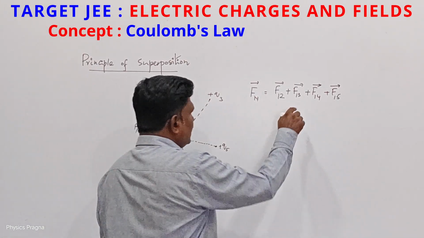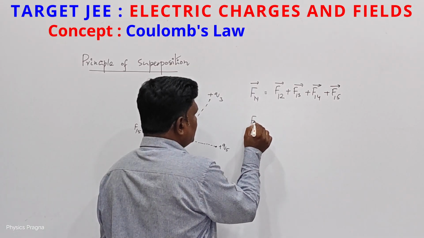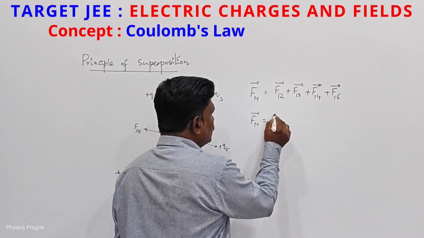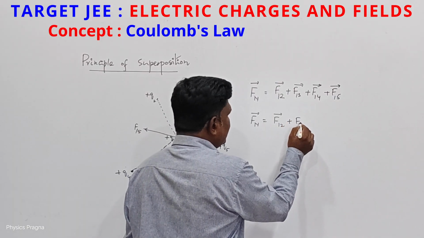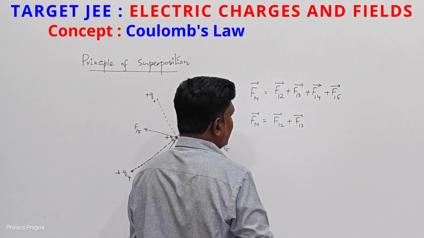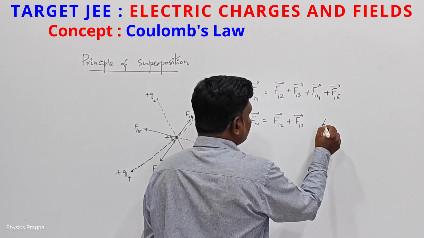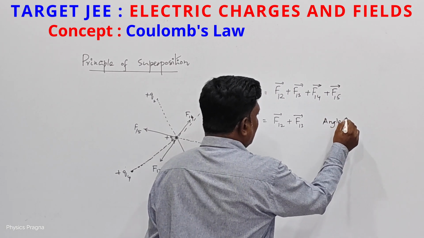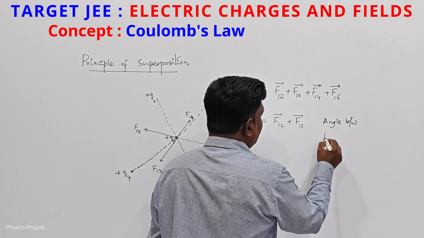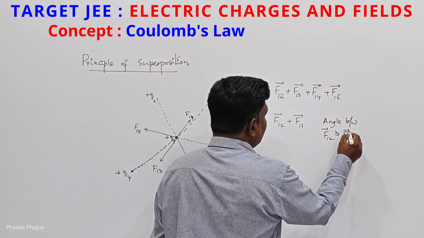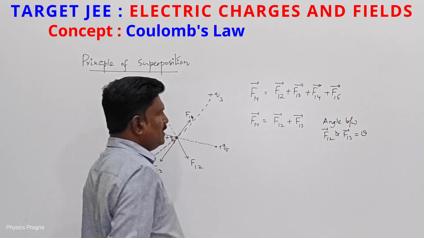But here, suppose for example only two forces are there, F12 and F13. The angle between F12 and F13 is equal to theta.